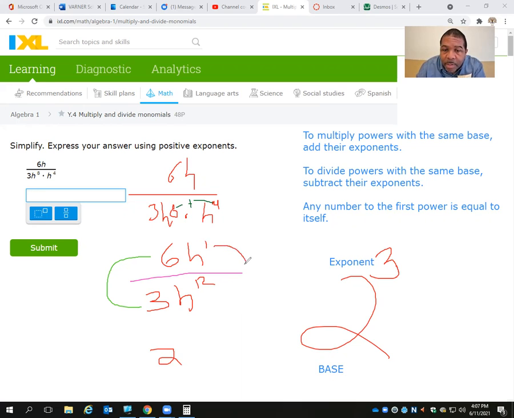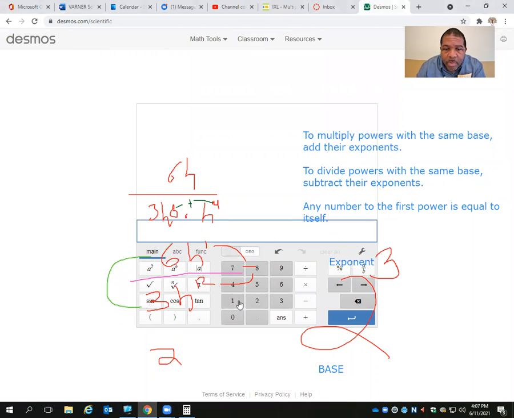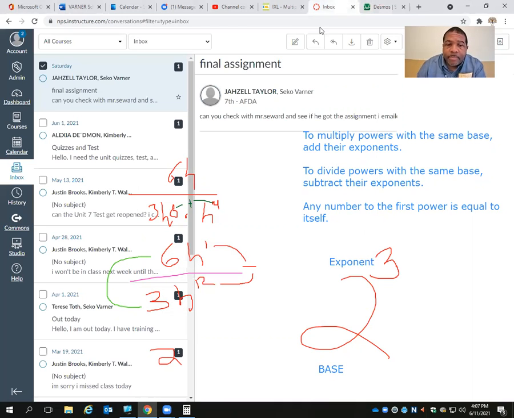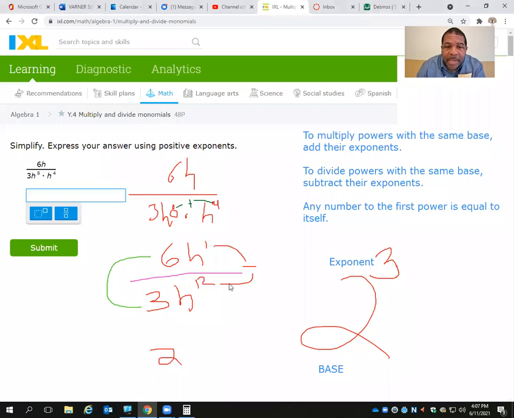So that'll be 1 minus 12. Now, if you go to Desmos, 1 minus 12 is negative 11. All right, so negative 11 is weird, right? You're like, how do I handle that?